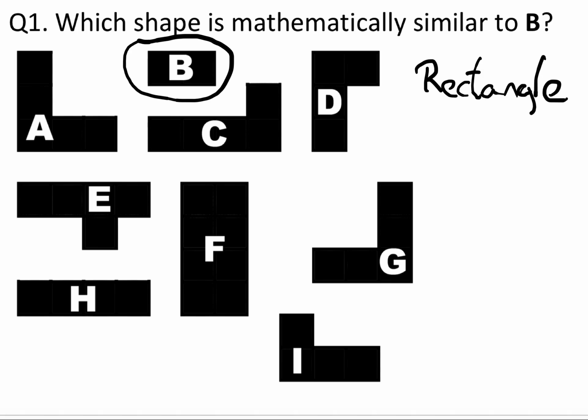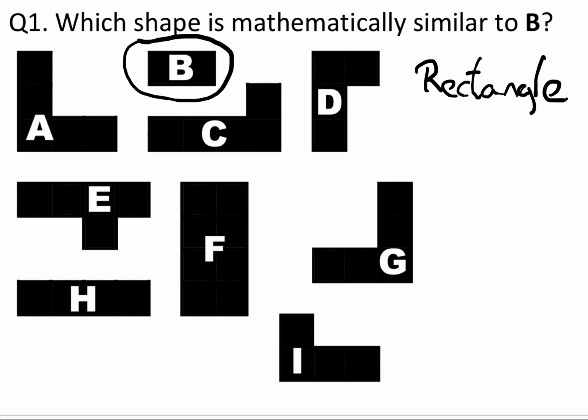Now F looks similar. I think if we rotated that round, it looks mathematically similar. It's just been enlarged. So if I rotated it round, I'm going to draw a simulation on the side here.